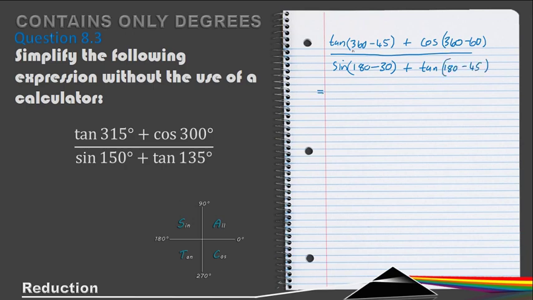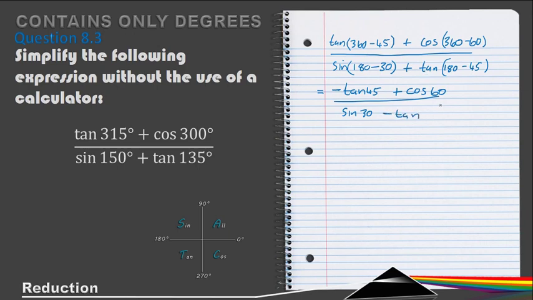To apply our reduction formula, 360 minus is in cos's quadrant. That means tan is going to be negative there. So this is minus tan 45 plus, so cos 360 minus, cos's quadrant, it stays positive there. And then 180 minus is in sine's quadrant, it stays positive there. So this is sine 30. 180 minus, sine's quadrant, tan becomes negative.